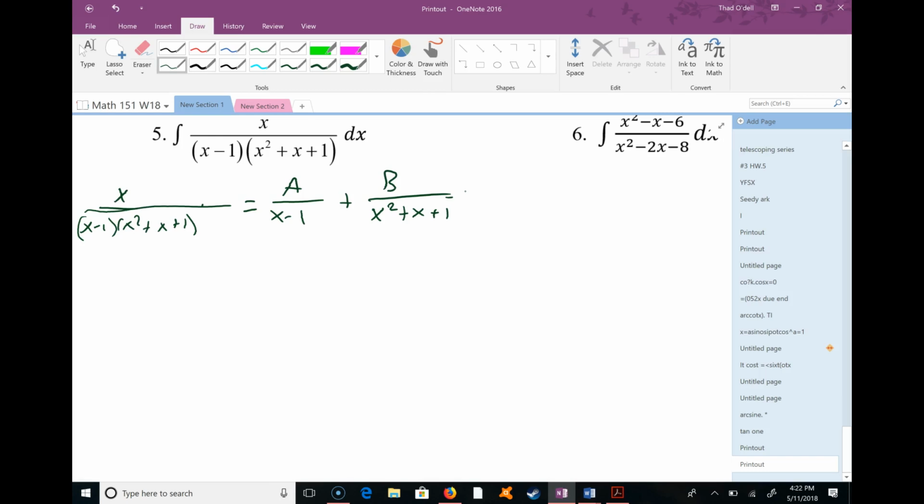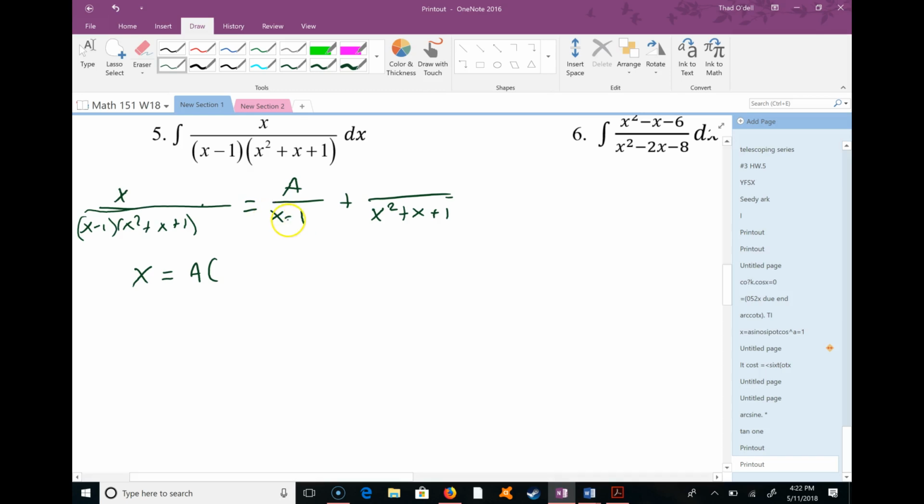So we multiply both sides of the equation by the common denominator, which is x minus 1 times x squared plus x plus 1. If we do that, the whole bottom wipes out here, and I'm left with an x. Here I'm left with A times, oh wait, back up a second, sorry. Because this is x squared, we can't just put a B there. We have to make room for the top to be 1 degree smaller than the bottom.